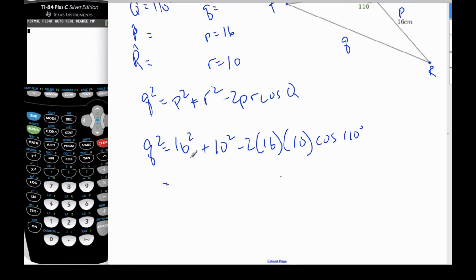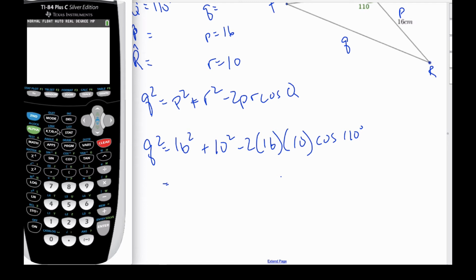And what I'm going to do is type this straight into my calculator as is, because my calculator can do order of operations, and this is how I find the least amount of mistakes happen. So I'm just going to go 16 squared plus 10 squared minus 2 times 10 times 16 cosine 110.